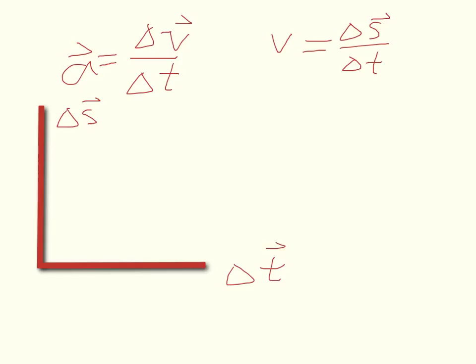There's no vector there, sorry. The slope, or the m, is equal to velocity. This is not mass, by the way.